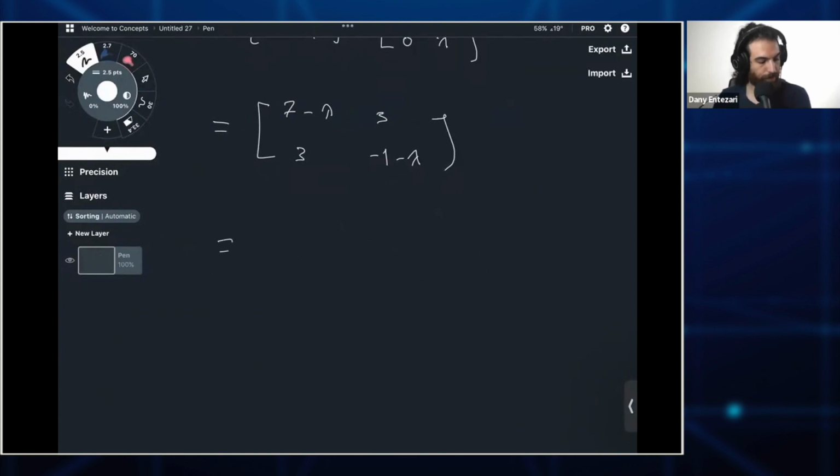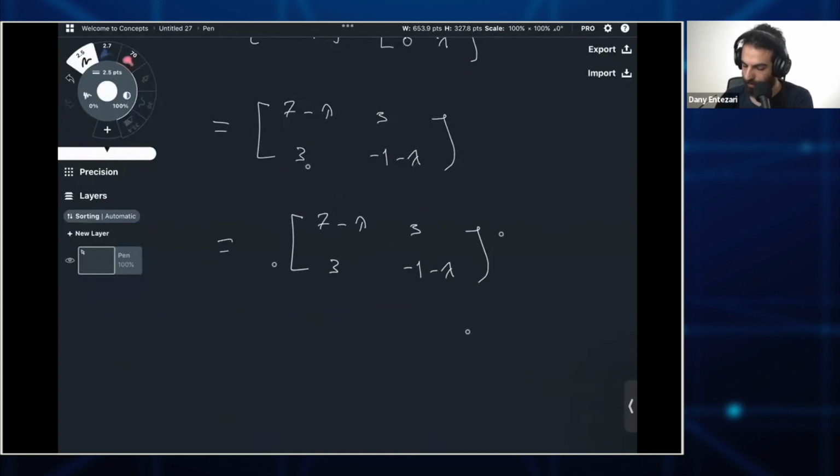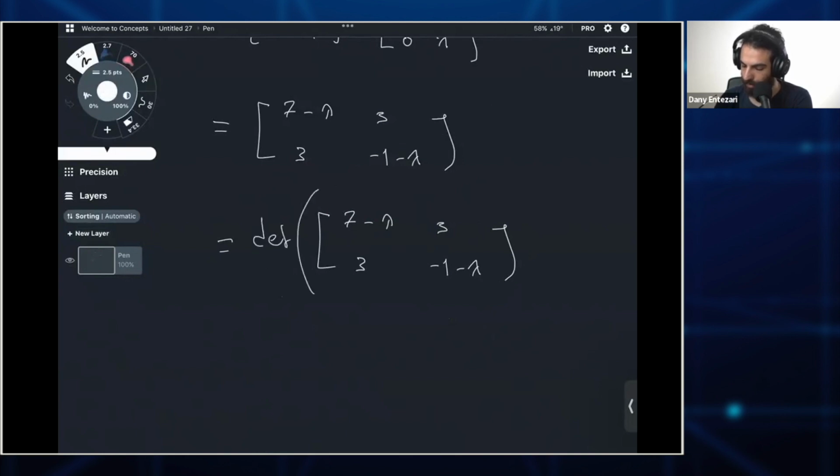And this we will pass as argument to the determinant function. So we will take this matrix, and then we will take the determinant of this matrix. And we've already seen how we can take the determinant of a matrix.